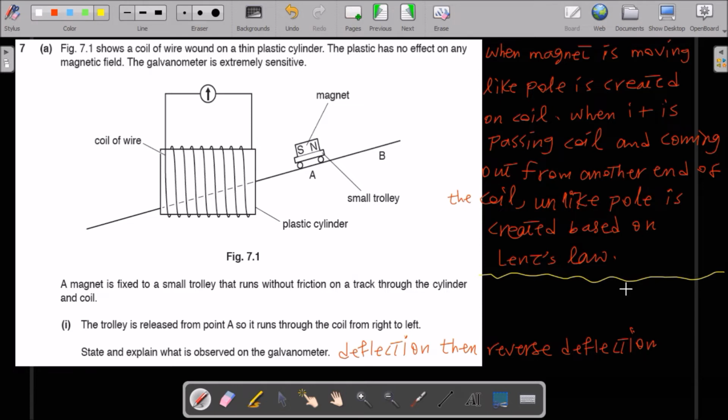Why? Because of Lenz's law. When it is passing through the coil and coming out from the other end of the coil, an unlike pole is created based on Lenz's law.